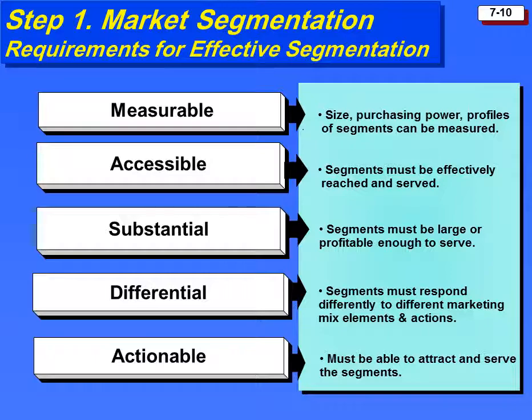Accessible: the segments must be effectively reached and served. Sustainable, or substantial: segments must be large or profitable enough to serve. Differential: segments must respond differently to different marketing mix elements and actions. Actionable: we must be able to attract and serve these segments.